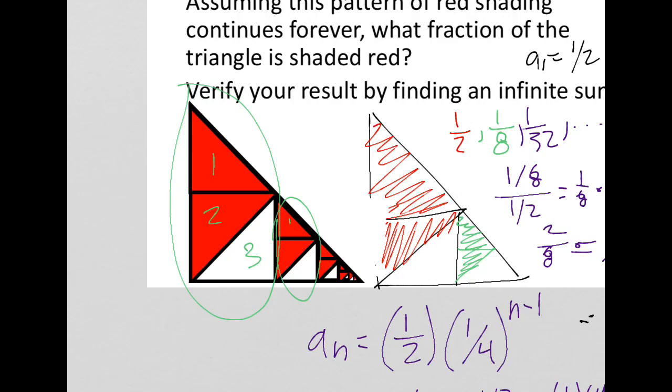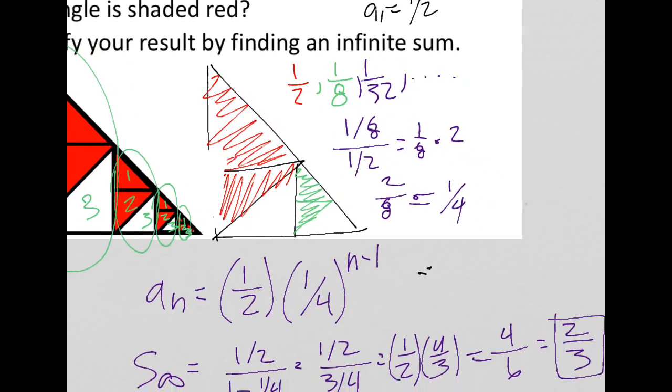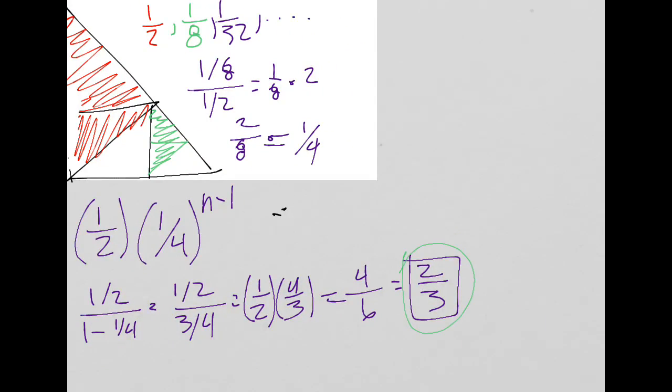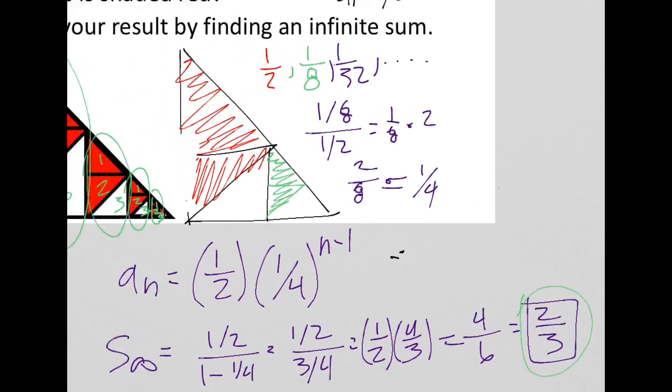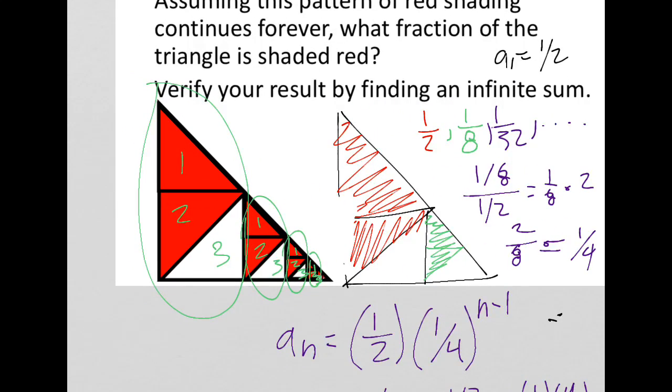We have 1, 2, 3 pieces, and 2 of them are shaded. And then look there, 1, 2, 3, and 2 of them are shaded. So in each of those little tiny pieces that you break it up into, 2 out of the 3 equally sized pieces are shaded. If that continues on forever, it should make logical sense that we end up with 2/3 as the ratio that is shaded.